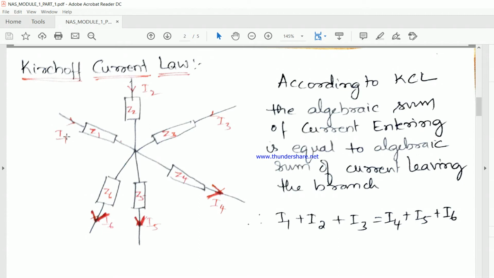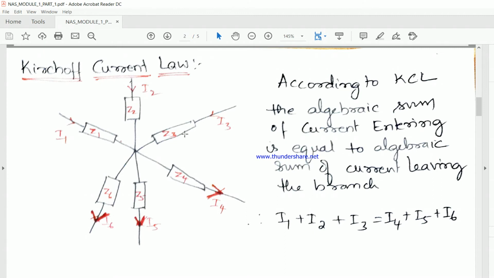So you sum up all entering and sum up all leaving. The summed value entering will be equal to the summed value leaving. Therefore, I1 plus I2 plus I3 will be equal to I4 plus I5 plus I6. This is Kirchhoff current law, in short KCL.